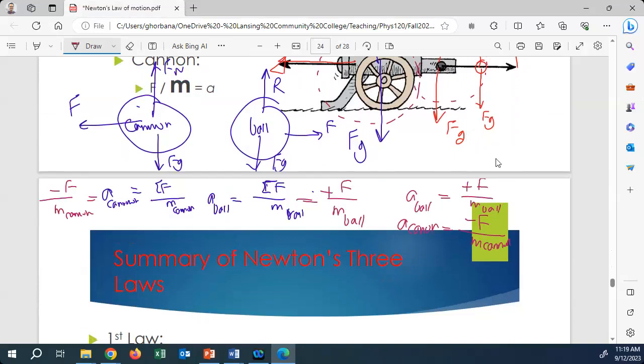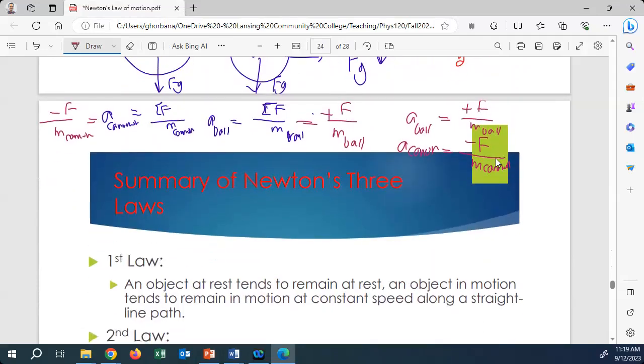We know the mass of the ball is much smaller than the mass of the cannon. Comparing these two accelerations, the acceleration of the cannon is much smaller than the acceleration of the ball. The ball will accelerate more, traveling 1 mile, 2 miles, but the cannon just a couple of centimeters or 1 meter back.